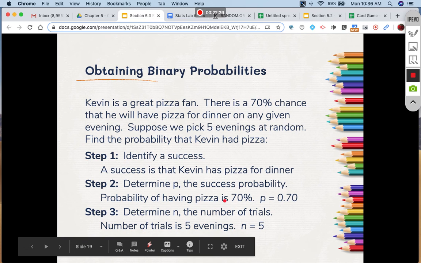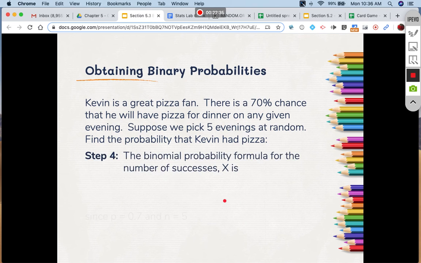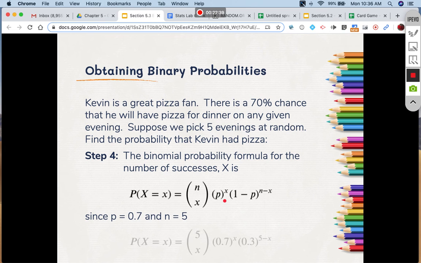I can determine any of these probabilities. So my formula now is going to be this binomial coefficient, 5 choose x, 0.7 to the x power, 0.3 to the 5 minus x power. So I can use this now to answer those questions.